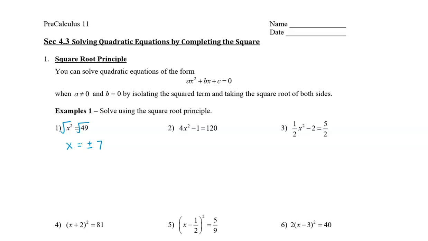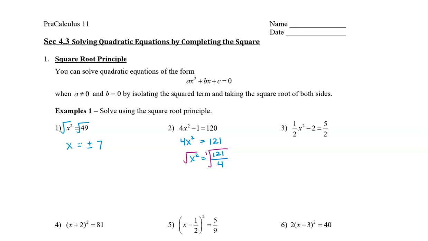All right, in the second one, we need to isolate the square term. So we need to move all the constant numbers to the other side. So we're going to move the plus 1 to the right. So we get 121. We're going to divide both sides by 4. So we have x squared equals 121 divided by 4. And then now we're going to square root both sides again.